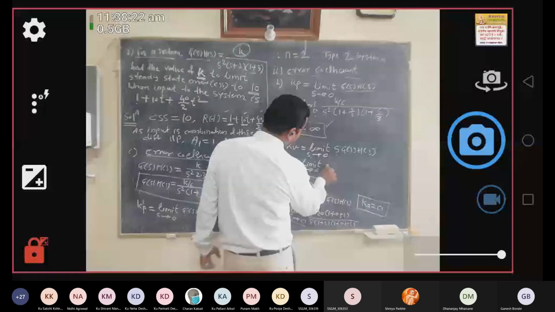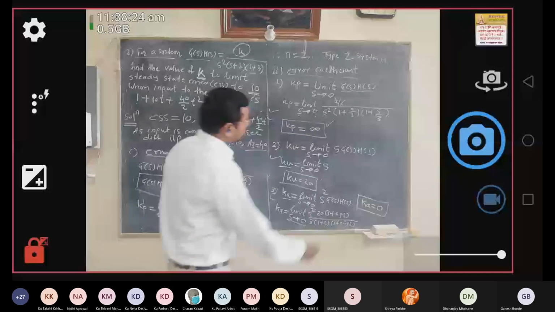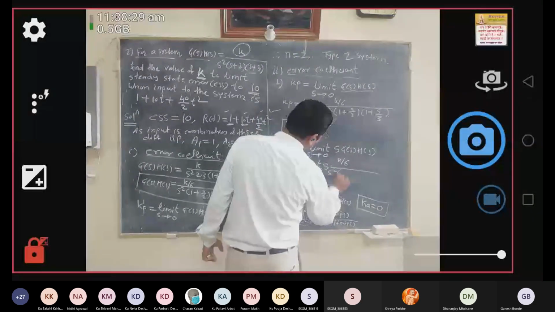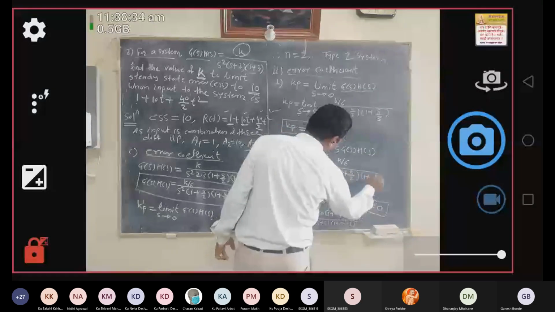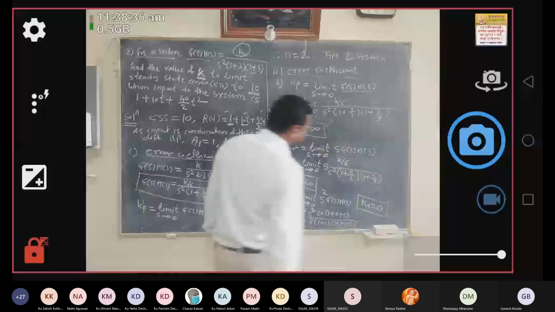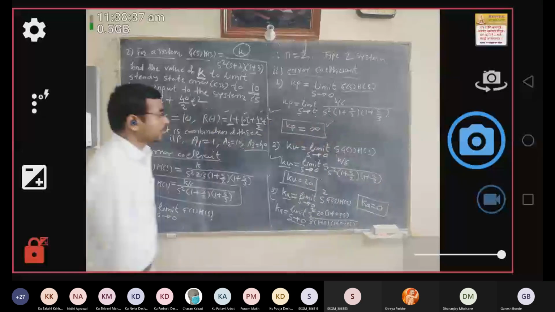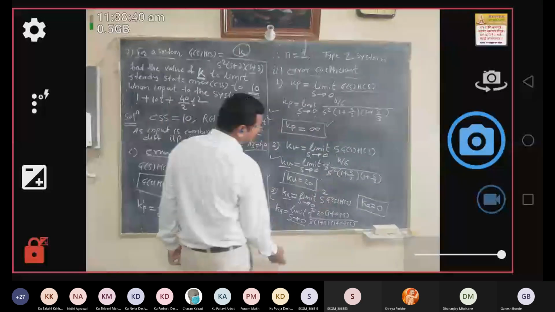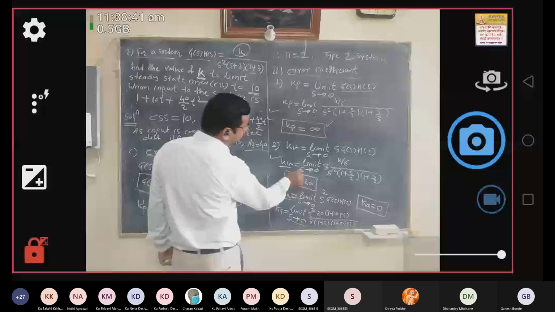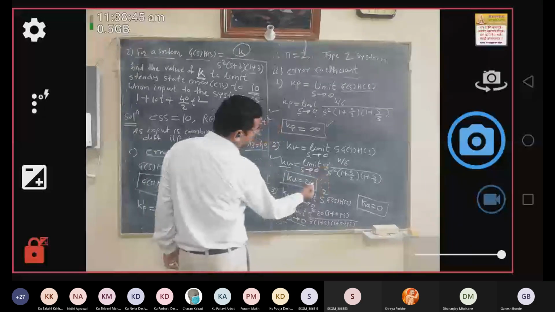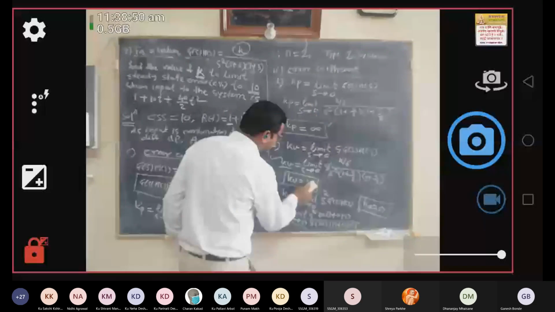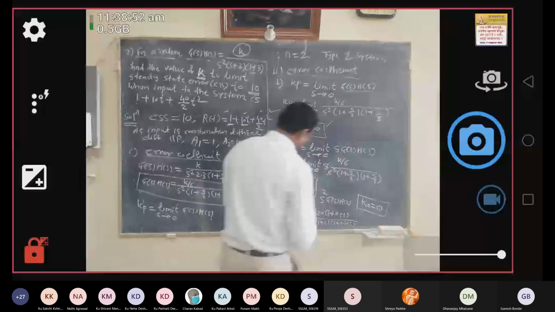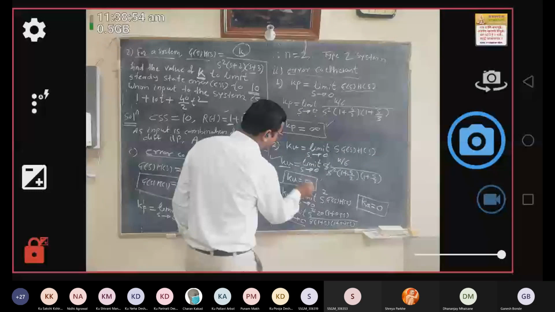So s multiplied by this term K by 6 upon s square into (1 plus s by 2)(1 plus s by 3). So this s gets cancelled, and when you substitute s tends to 0, here is 1 by 0, again infinity. So therefore the second term also we will get infinity. So again Kv is equal to infinity.